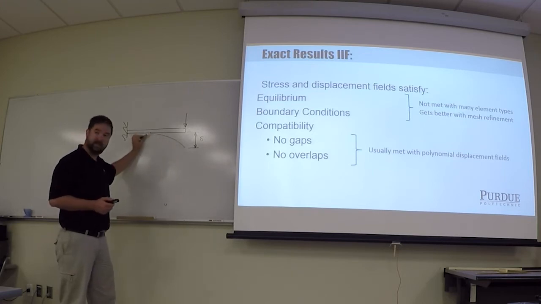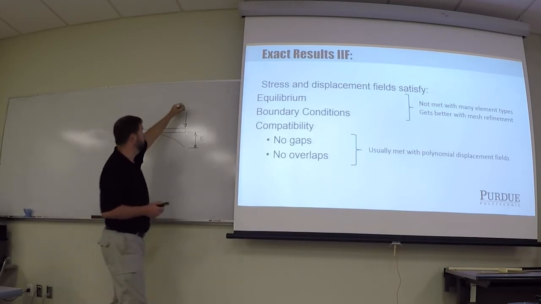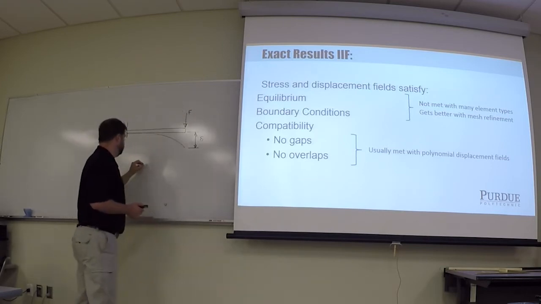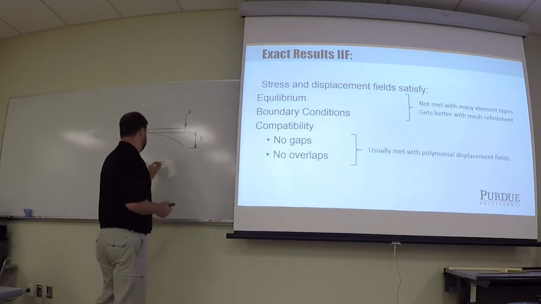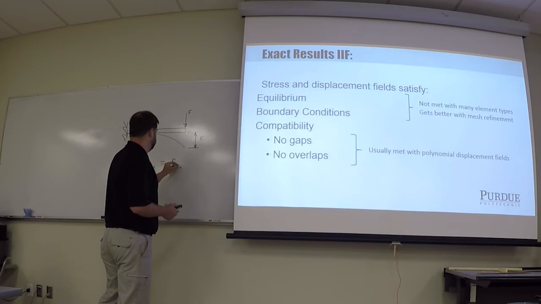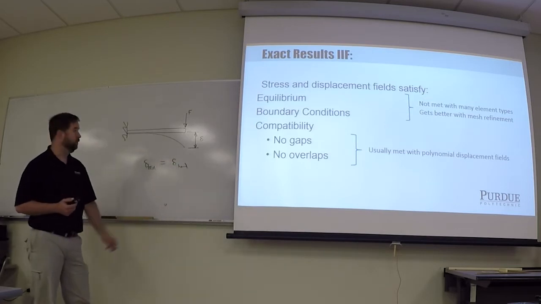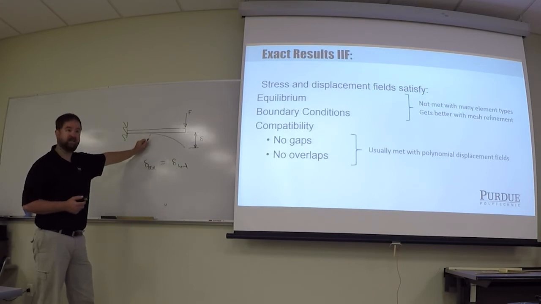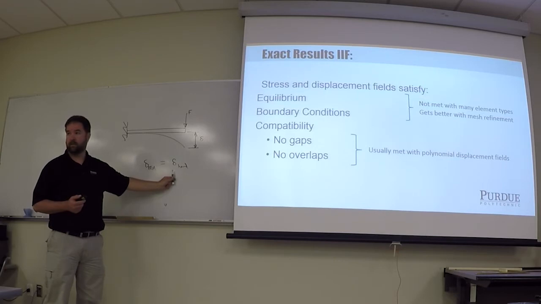And assuming that this is a constant cross section, and we have put the same force in there, then our delta FEA should exactly equal our delta hand calculation. Because for our beam elements, our beams are exact, and our answers should be perfectly equal to each other. Okay? That's what an exact result means.